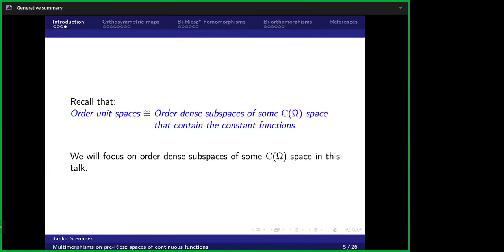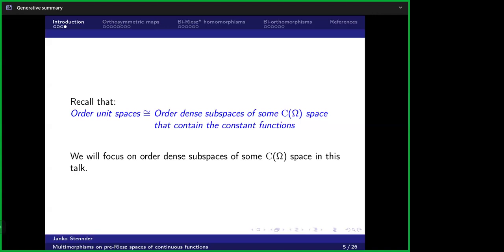Then why are those kind of spaces interesting? Florian already talked to you about ordered vector spaces. And one can show using this lambda bar, if you remember, that all unit spaces are exactly the ordered subspaces of some space of continuous functions. So it's not only that I want to consider spaces of continuous functions because they're easy, but because they already kind of cover a very huge class of spaces in the ordered setting.